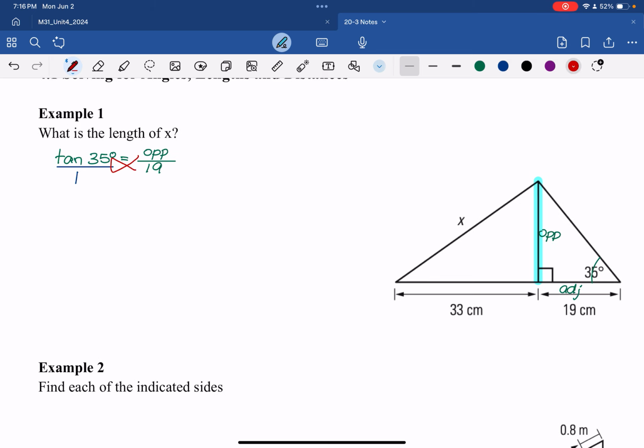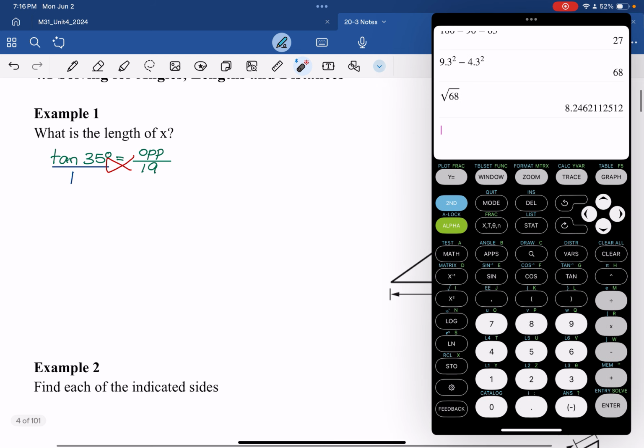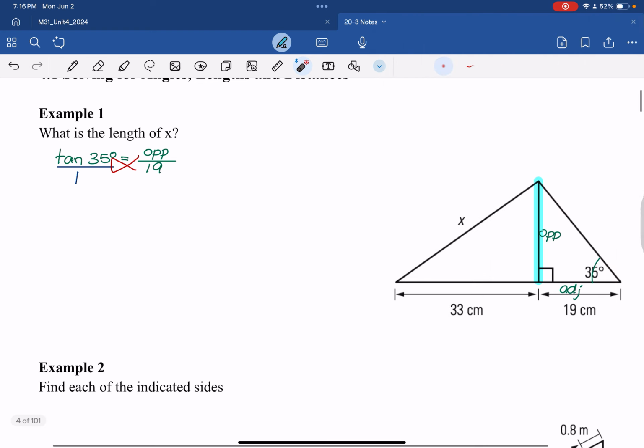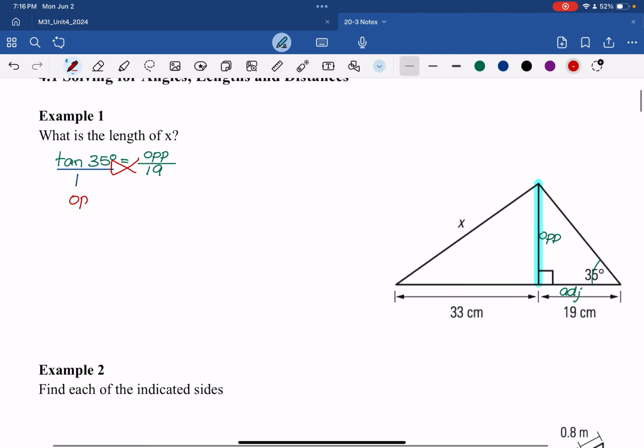So if you draw a little fish in there and you follow, I'm going to take 19 times tan of 35 divided by 1 will give me my answer. So let's follow that, and we're going to take 19 times tan of 35 and divided by 1 is going to give me the same thing. So that means that my opposite side is 13.3. So my opposite equals 13.3 centimeters. And I'm just going to change that out here.